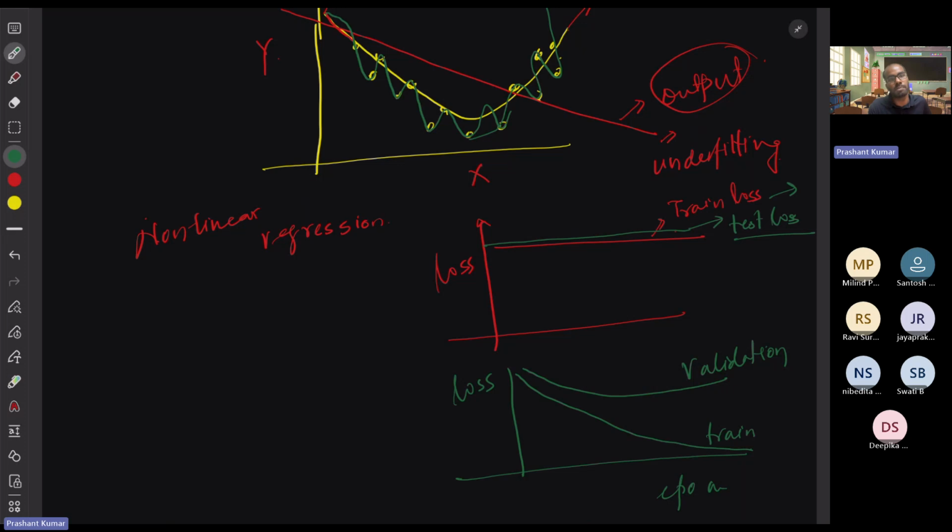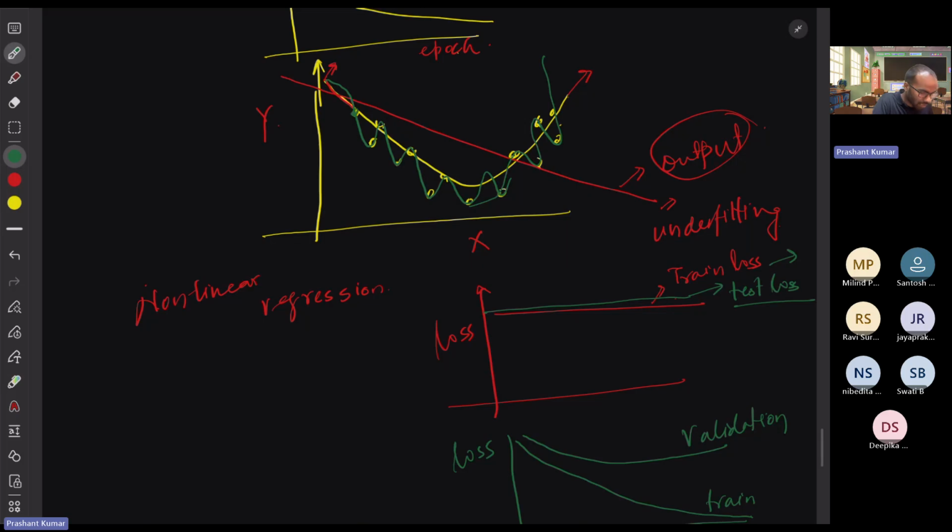So what is happening? You are unnecessarily fitting the data. Fitting the data means whatever input-output you are training for, that is exactly matching the value. Like you had the input here for the training, here, and here, and you exactly got the value you were training for. So what happened when you are testing somewhere here?